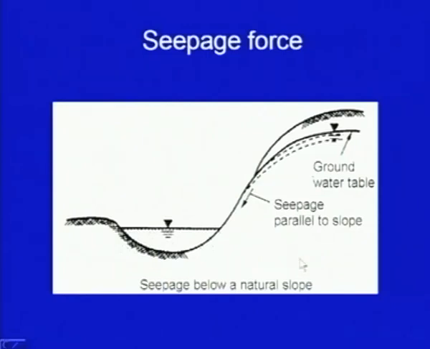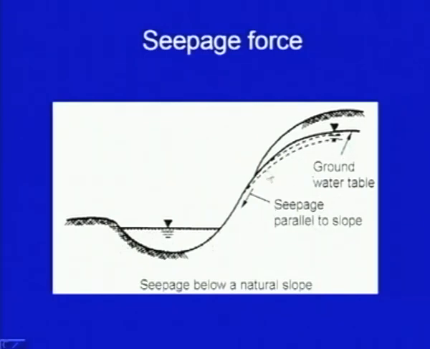This is an example of seepage force. Here it is a low lying area, and the groundwater table is here. This is the ground surface, and seepage is taking place.